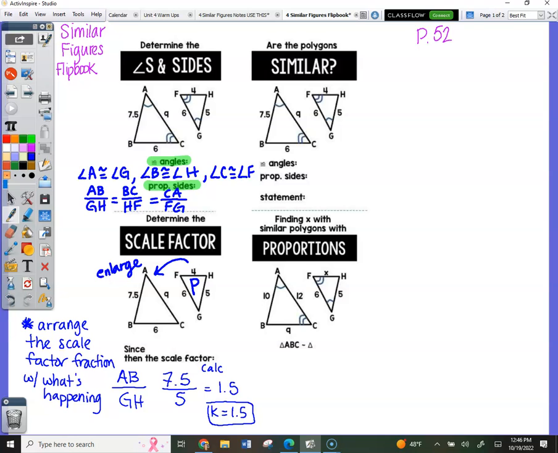Here's what I mean by that. Look at the picture and ask yourself, is it getting larger or is it shrinking? If it's getting larger, your larger number needs to be on top.